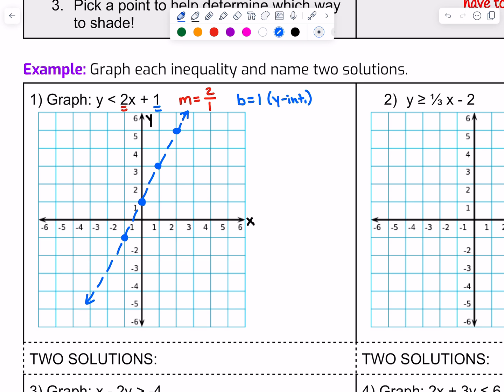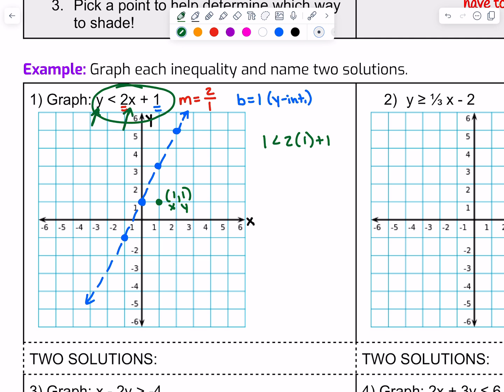So you can pick a point on either side of the line to test out and see if it makes sense. So in that case, if I pick the point (1, 1), for example, I want to see is that part of my solution set. So I would just plug it into my function. So that means x equals 1 when y equals 1. So I'd say 1 is less than 2 times 1 plus 1. I just substituted the 1 for the y and the 1 for the x.